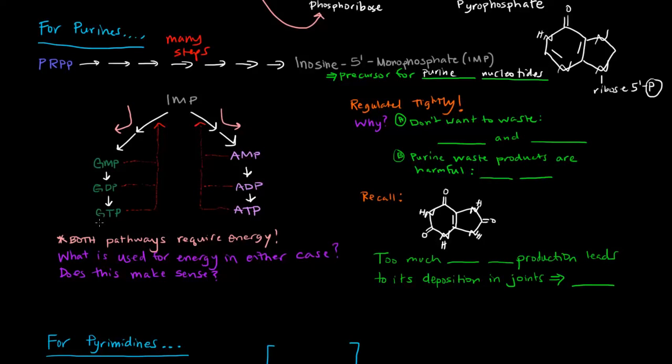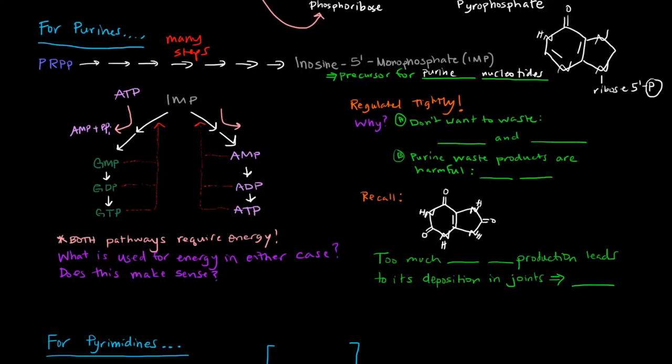So you can't use GTP to make more GTP. So to make GTP, we would use ATP. So ATP would power the production of GTP. This ATP would turn into an AMP and a pyrophosphate group. So this process requires ATP energy.